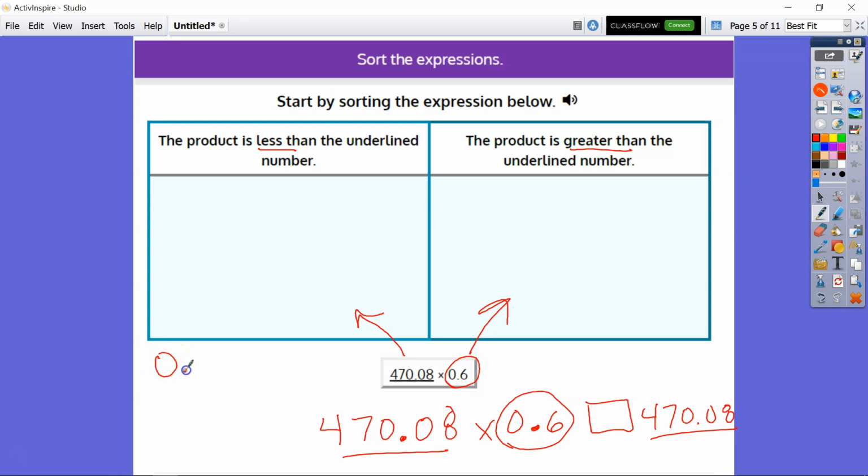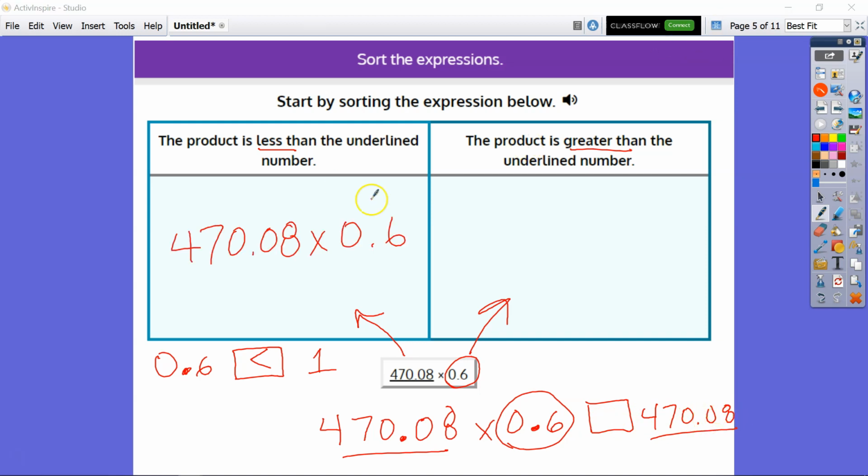So let's ask ourselves, 6/10, is it greater than or less than 1? Hopefully everybody said, put it in, less than. Thank you. So because my scaling factor is less than 1, I know that if I'm multiplying 470 and 8/100 times a number less than 1, it's going to give me a number less than 470 and 8/100. So it should be over here.